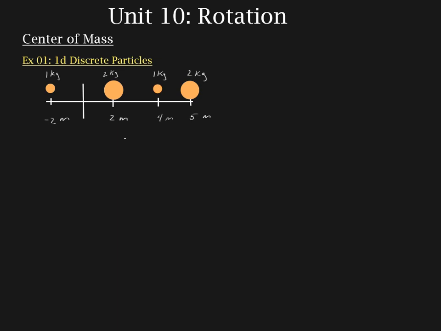What we know based on our understanding of center of mass is that for each pair of particles, the center of mass is going to be located closer to the heavy one, and there's some ratio, but I don't know what that is off the top of my head. So we're just going to have to go through and do our calculations.